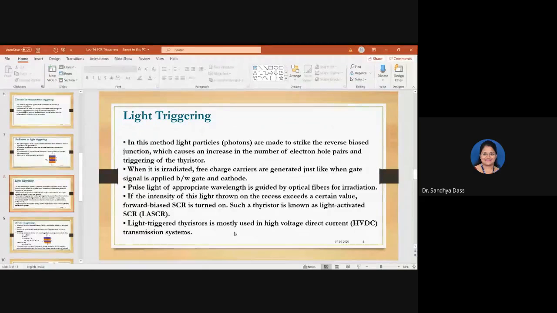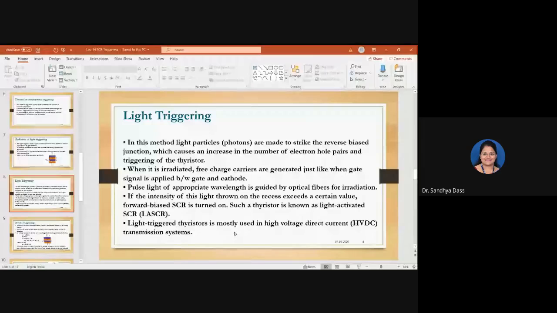So the free charge carriers are generated similar to the way we were discussing in the gate control signal. Okay. So if a pulse of light with appropriate wavelength is applied, then as the intensity of this light increases, the junction J2 breaks down because of the larger number of electron hole pairs generated there, which will cause the SCR to turn on.